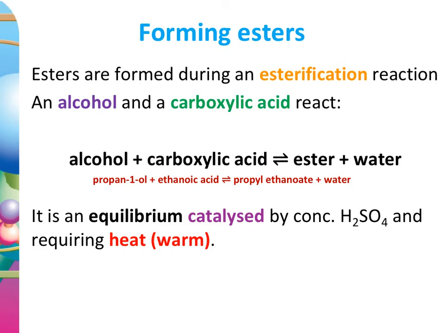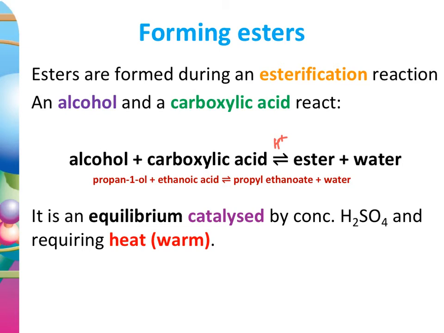As you can see, it's an equilibrium reaction. And the other thing to pay attention to is the fact that it's catalyzed by concentrated sulfuric acid. So I could show that there was an acid catalyst by, over the equilibrium sign, writing H+. But the source of those H+ ions is going to be concentrated sulfuric acid.